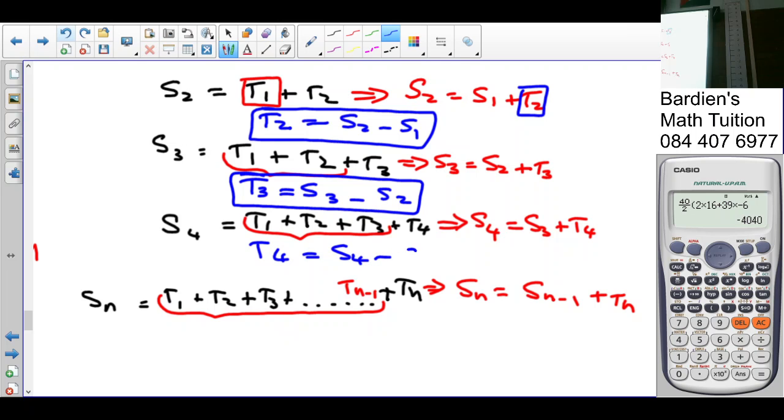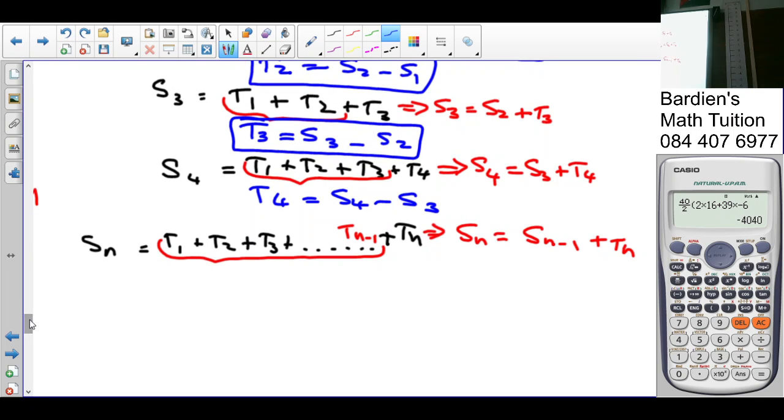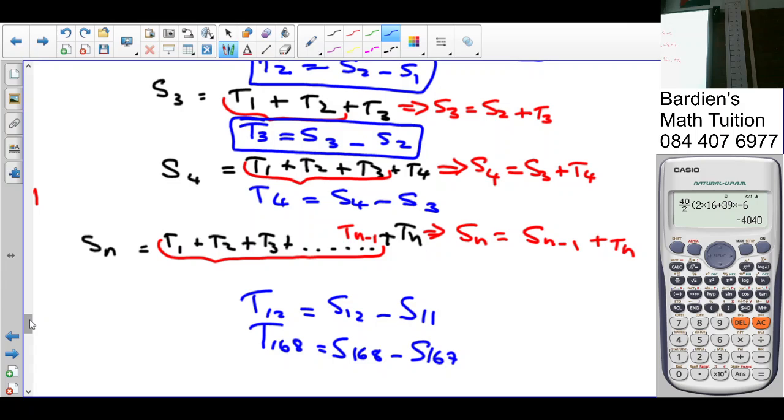S4 minus S3. What would T12 be? S12 minus S11. What will term 168 be? S168 minus S167. You all understand this concept?